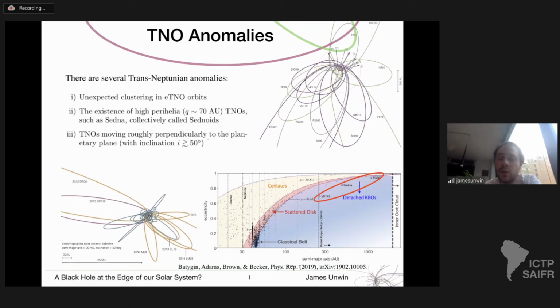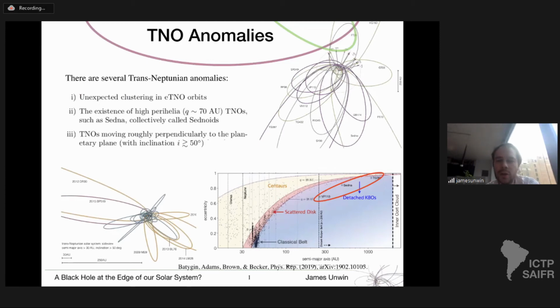And I think it's certainly true that we don't currently have good knowledge of all of the objects in the outer solar system, and that we are continuously getting more information and more data about where these objects are, what their orbits are. It's quite plausible that once we have better information, some of these anomalies might go away, or they may get substantially stronger.